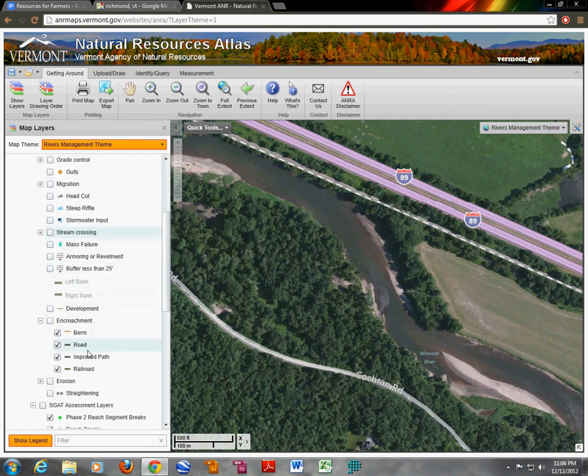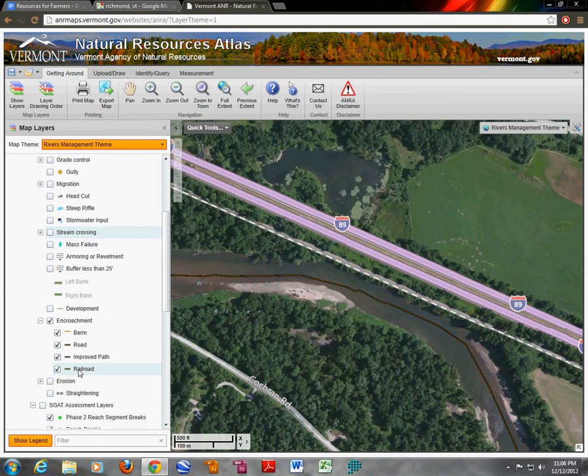And so here's a tab. This is encroachment. We can see that this entire stretch of the river has been encroached on, either with roads or railroads or improved paths or berms or anything that we build. So development and encroachment and armoring kind of go hand in hand.